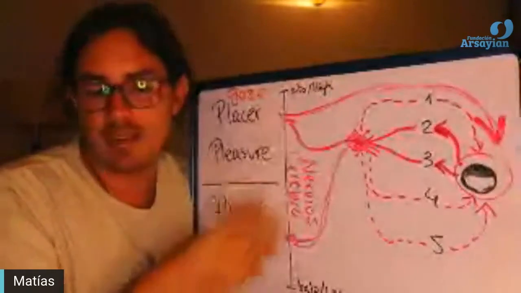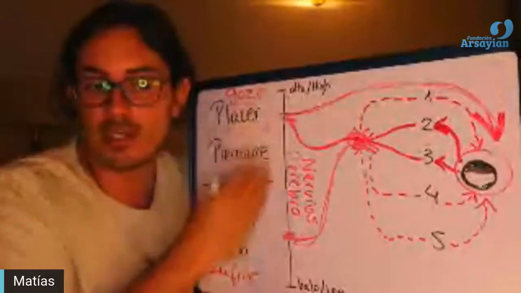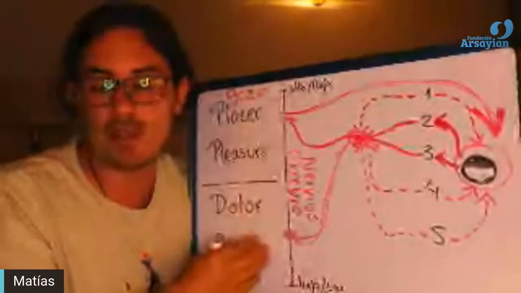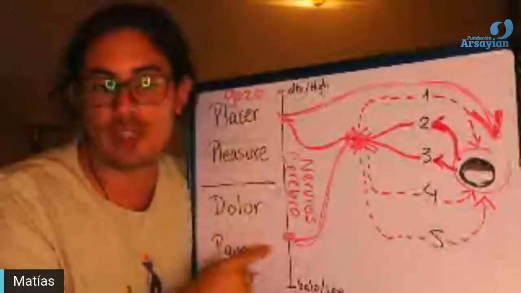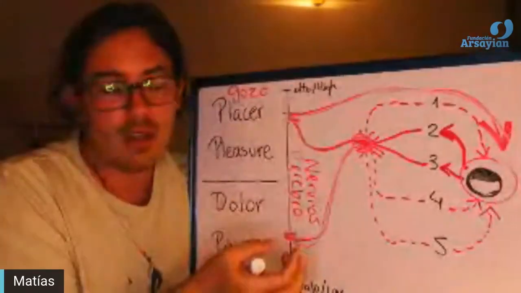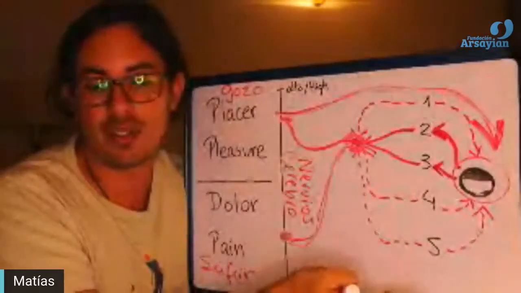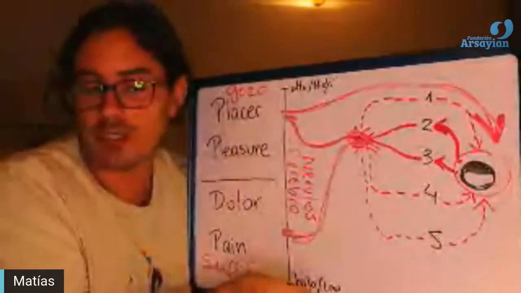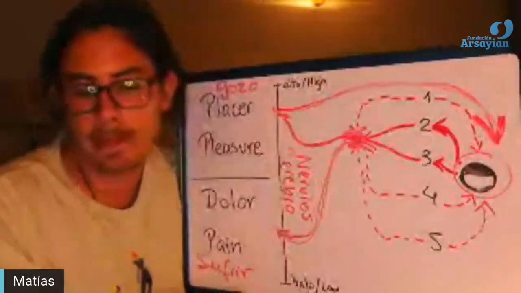This makes every person have a different way of understanding these two. Every individual has a very different scale to measure what is pleasure and what is pain. For example, there are people that feel pleasure in hurting others. So they feel pleasure in that, and that's why they feel that it's okay.